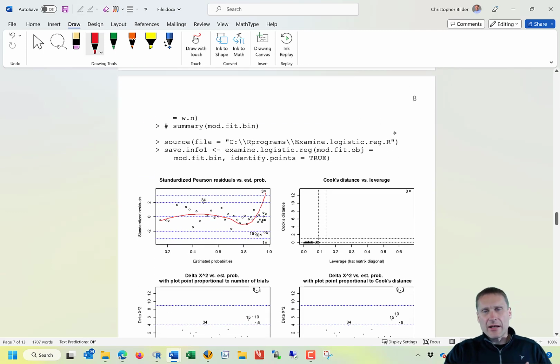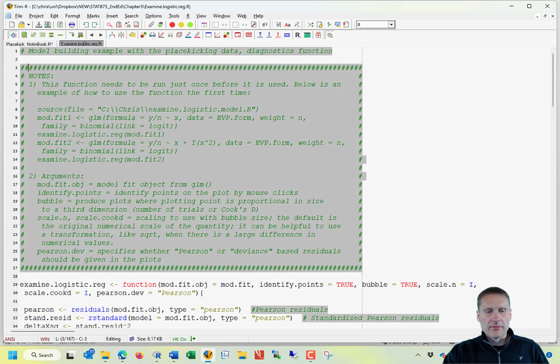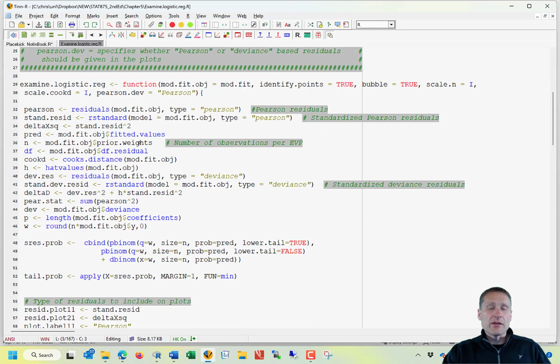To get this examine.logistic.reg function ready to go, one way is to open up the corresponding file in my editor. This is what the file looks like. You're welcome to take a look at the corresponding code. If you're in my class, I recommend doing that, but you're not necessarily responsible for the details within it. It can help to understand the details, but I won't ask a direct question about them.